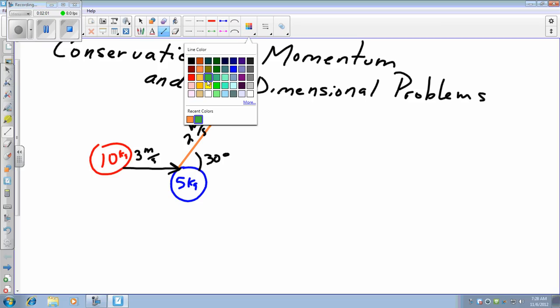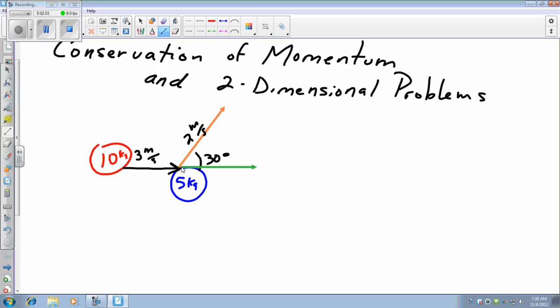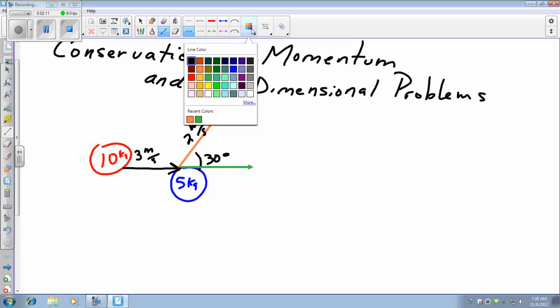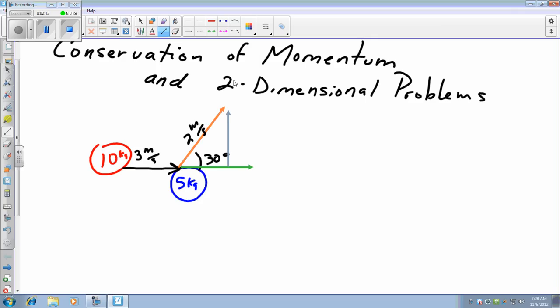So let's pick a couple additional colors. We're going to want to find the momentum in the X, or the horizontal, and then the momentum in the Y, or the vertical. We want to find our momentums in both those values because the momentum is going to be conserved throughout the problem.